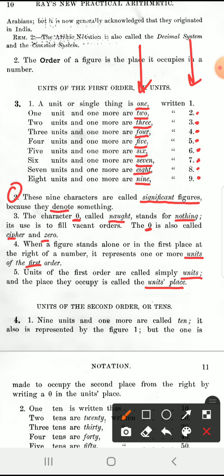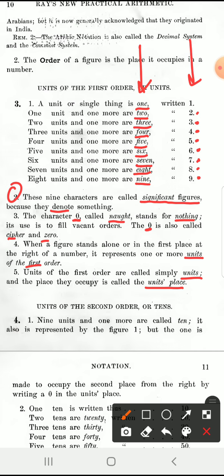So the first place on the right side of a number in the Arabic system of notation is called the first order, it's called the units place, and the number that stands in that place is called the unit. This is the first part of expressing numbers with characters using the Arabic system.